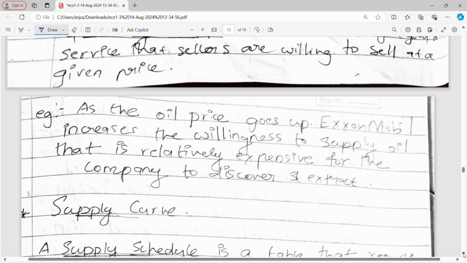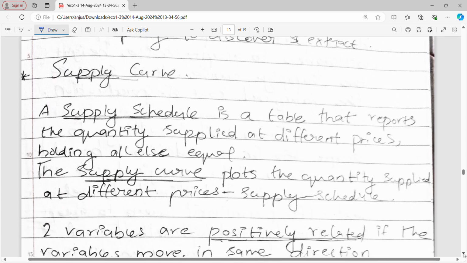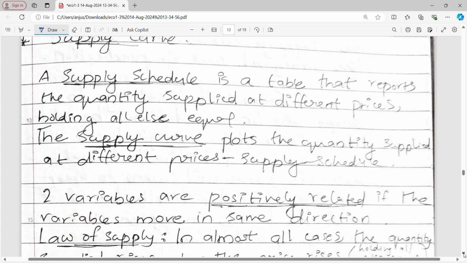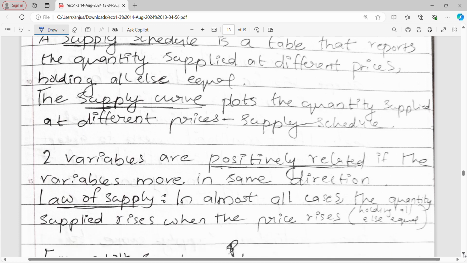So, the supply curve. First is the supply schedule. It's a table that reports the quantity supplied at different prices, holding all else equal. The supply curve plots the quantity supplied at different prices. Here it is positively related.